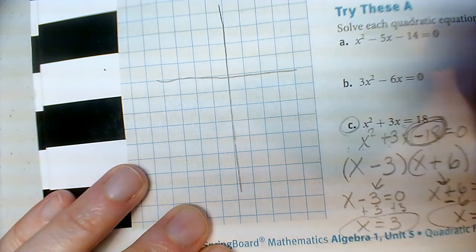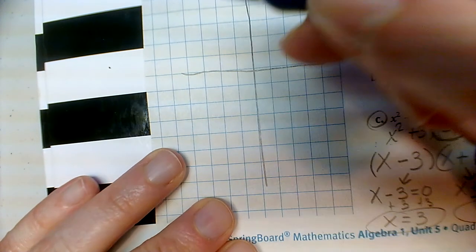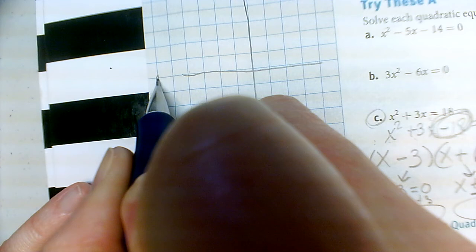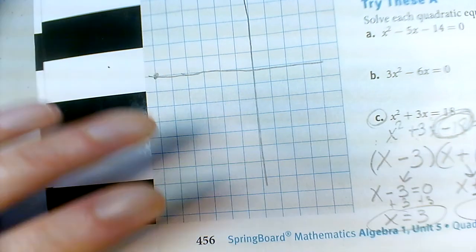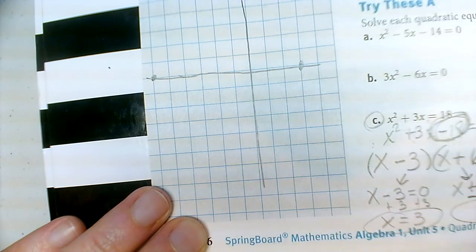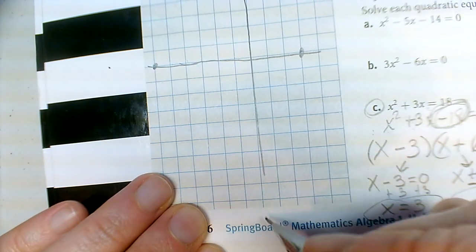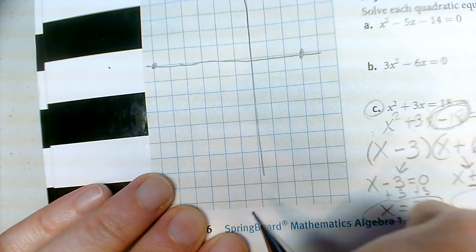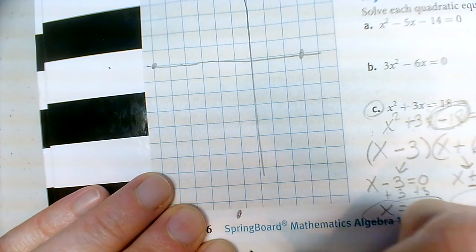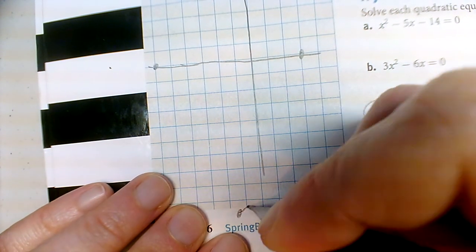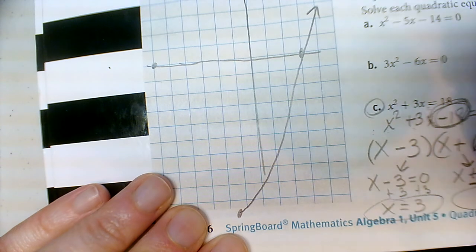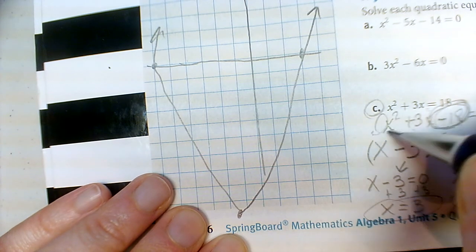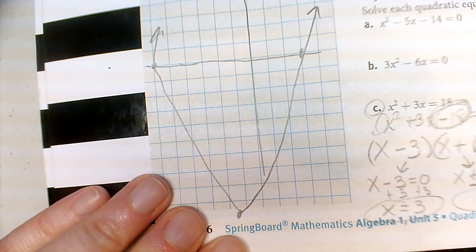So here's maybe negative 6, and then positive 3, negative 18. I'm not going to have enough room to come all the way down for my y-intercept, but it's going to be somewhere down here. My vertex is going to be somewhere over in here, but a little bit further down. And here would be the two sides of my parabola. I know it opens up because A is a positive number.